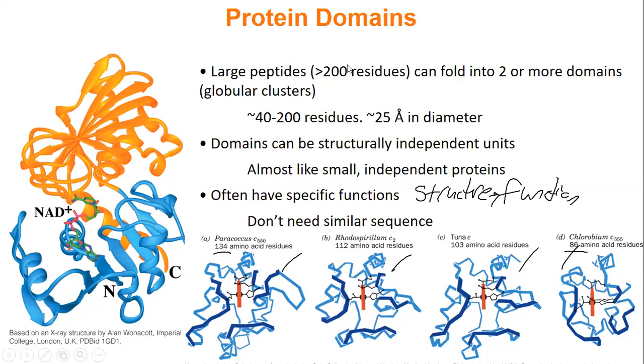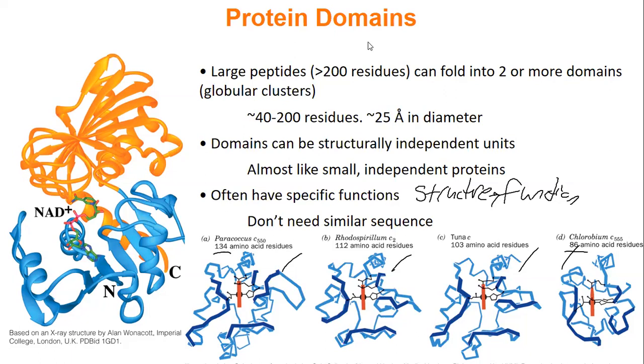So remember, domains are like, oh, we do have a question. Domains are critically important for protein functions, right? A domain might do a specific reaction, and then you'd find that domain in different proteins, right?